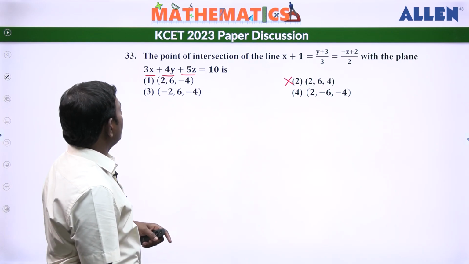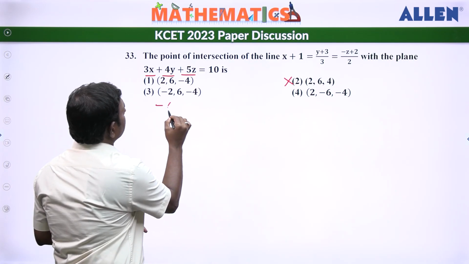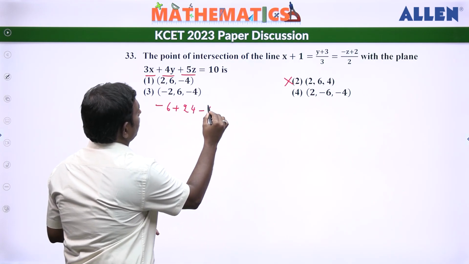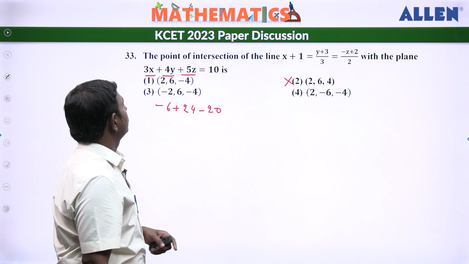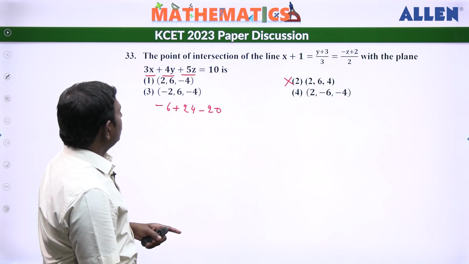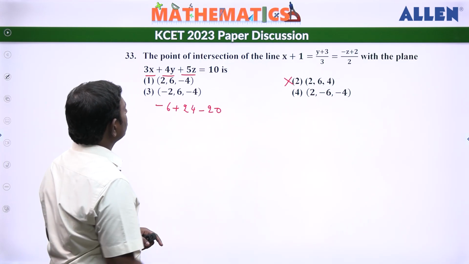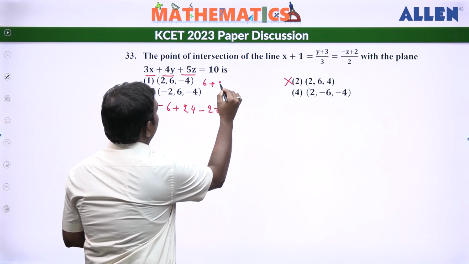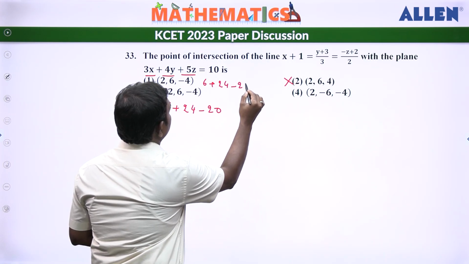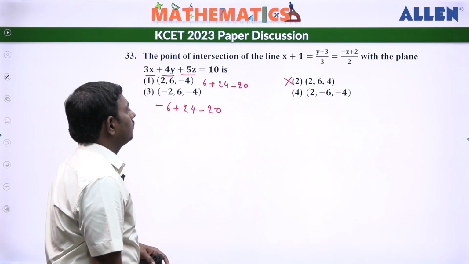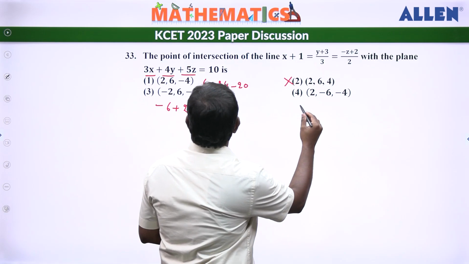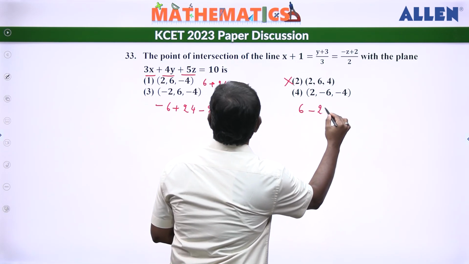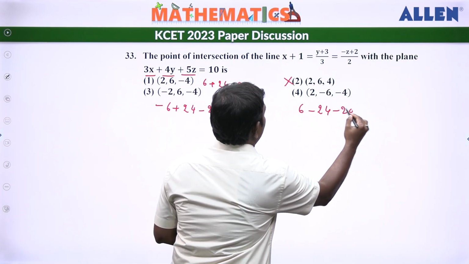When you check option number 3, that is minus 6 plus 24 minus 20. This value is not equal to 0. But when you check option number 1, 6 plus 24 minus 20. Then check option number 4, 6 minus 24 minus 20.